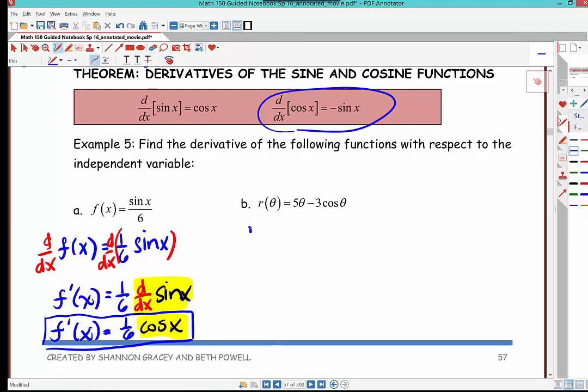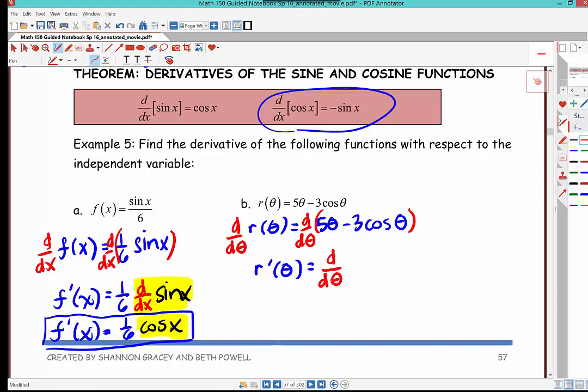So now I'll just rewrite it so we've got more space. r at theta is 5 theta minus 3 times cosine theta. Applying d d theta to both sides, we will have, great, r prime at theta is equal to, so now we're going to apply that the derivative of a difference is the difference of the derivatives.